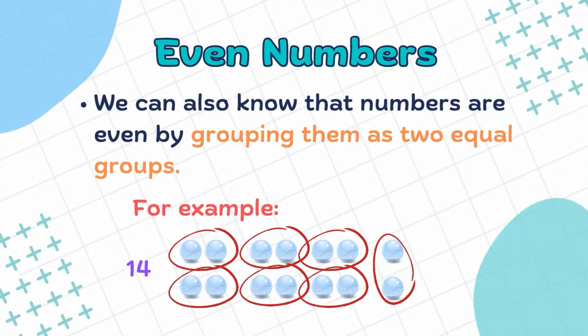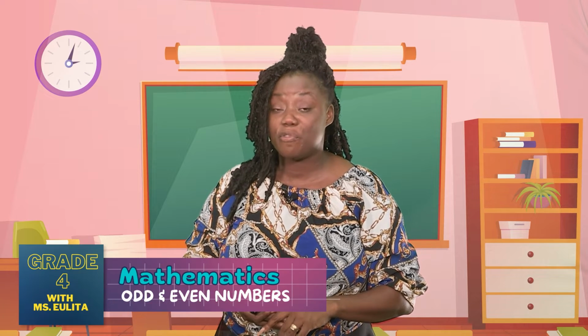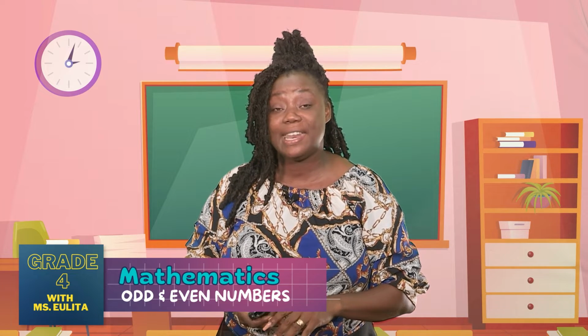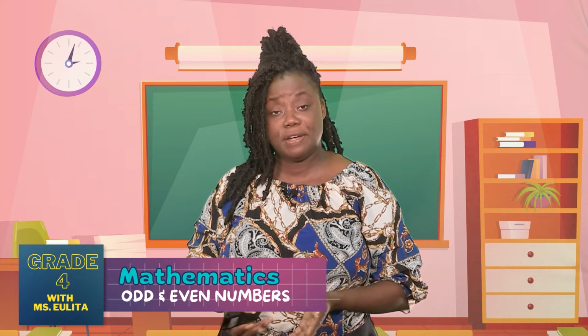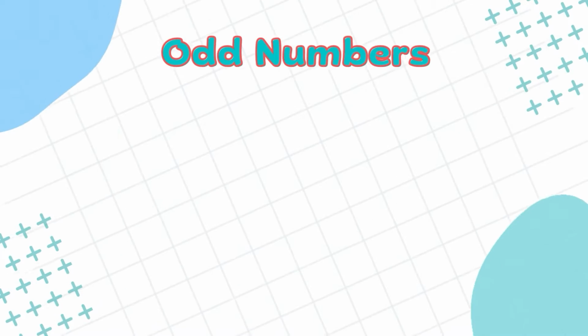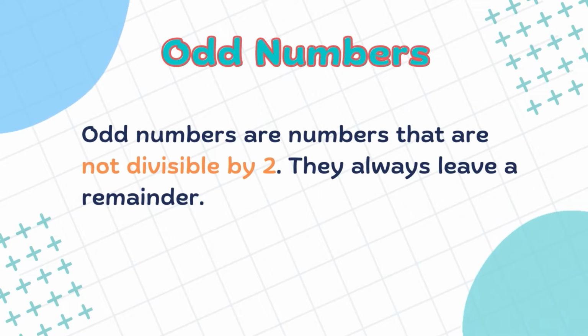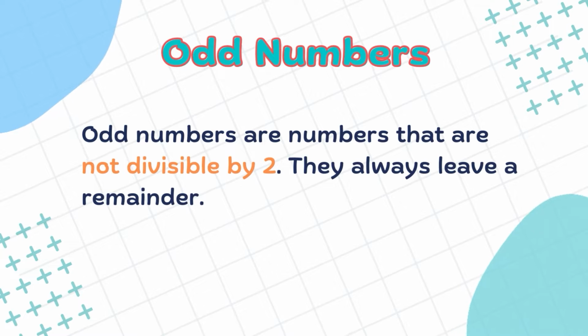No, boys and girls. So therefore, 14 is an even number. Let's move on to odd numbers. What are odd numbers? Odd numbers are numbers that are not divisible by 2. They leave a remainder.